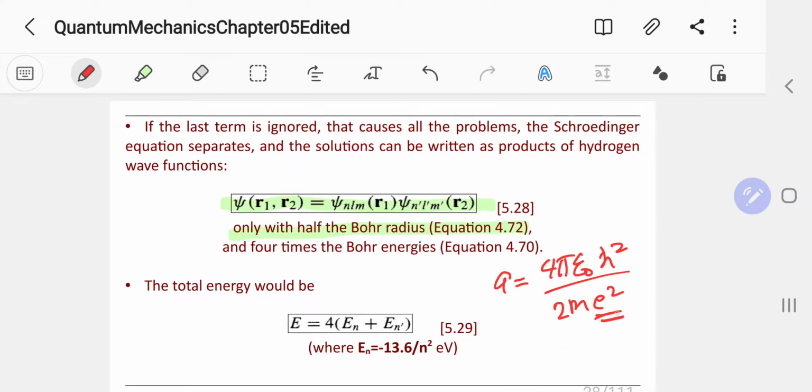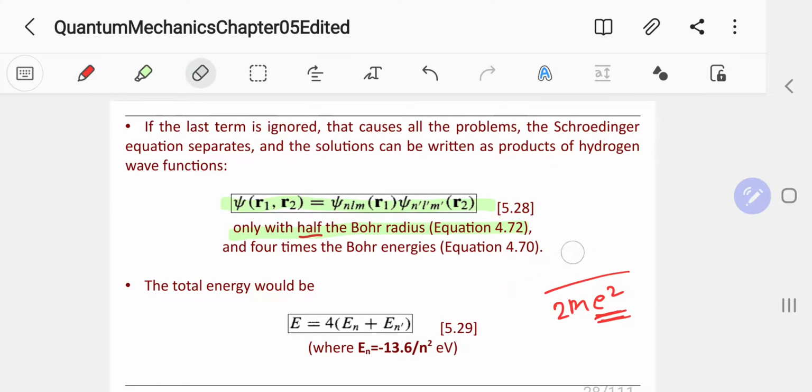This is actually the attraction of charges in the hydrogen atom, but in the helium you have 2 protons and then you have an electron. That's why you have half of the Bohr radius. So the Bohr radius is now smaller.